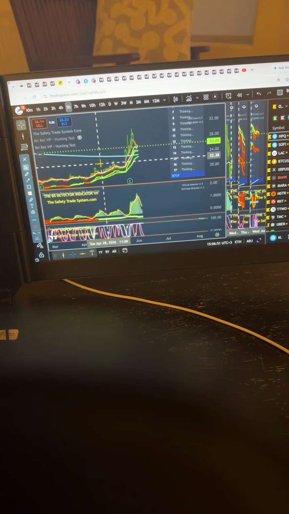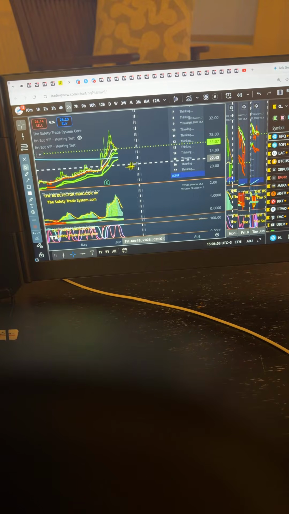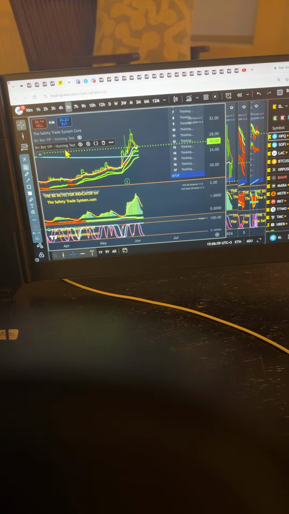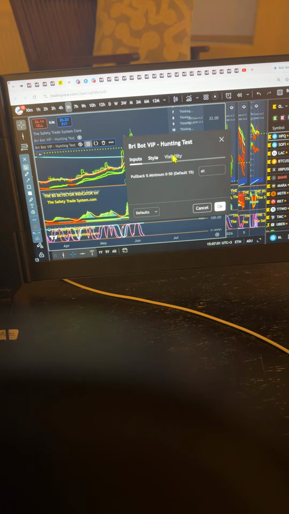Okay, this just happened. We just played this. We made 1,800% on this play and 1,300% on this play. So it's very important that we have the right settings on each symbol because right now it doesn't even recognize. Matter of fact, let's start at like 20.